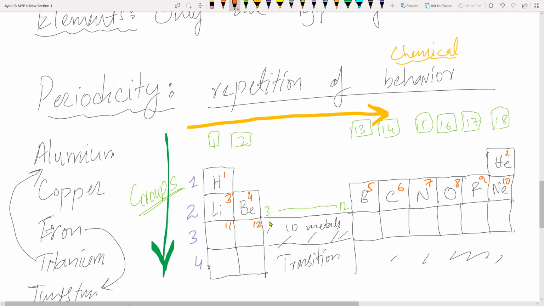Then 13 is going to be, sorry, this block is underneath this. The transition metals will actually start from below this, after this. So then it's going to be 13, 14, 15, 16, 17, 18, 19, and 20.